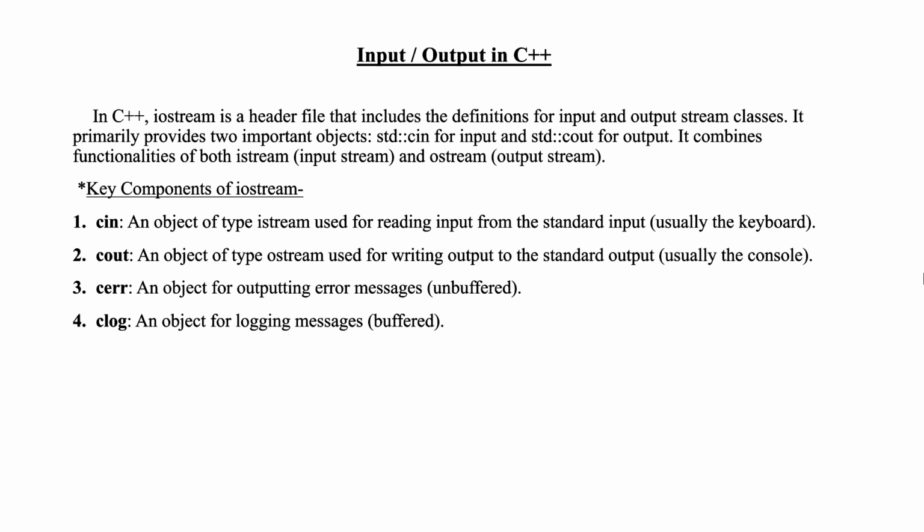The second one is cout, an object of type ostream used for writing output to the standard output, usually the console. Data flows from your main memory to output devices like the console or screen. Third, cerr, an object for outputting error messages.